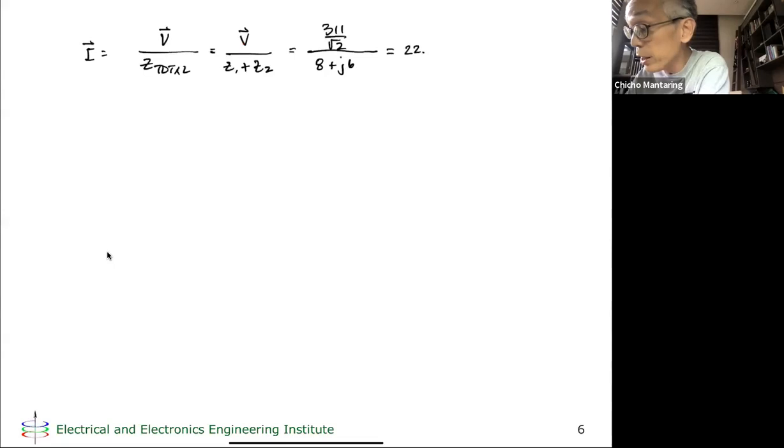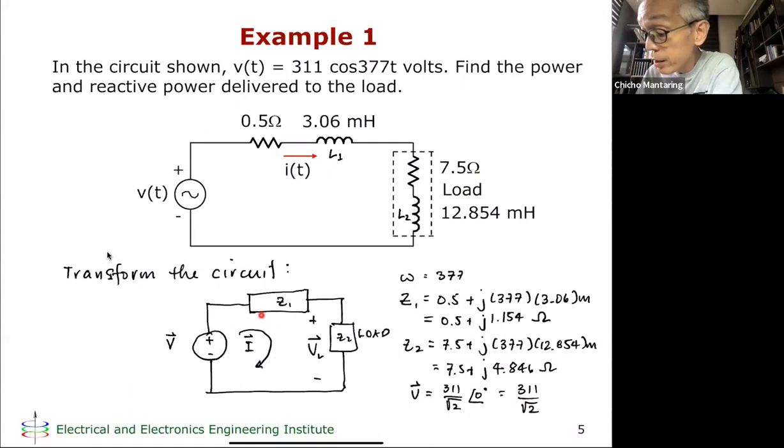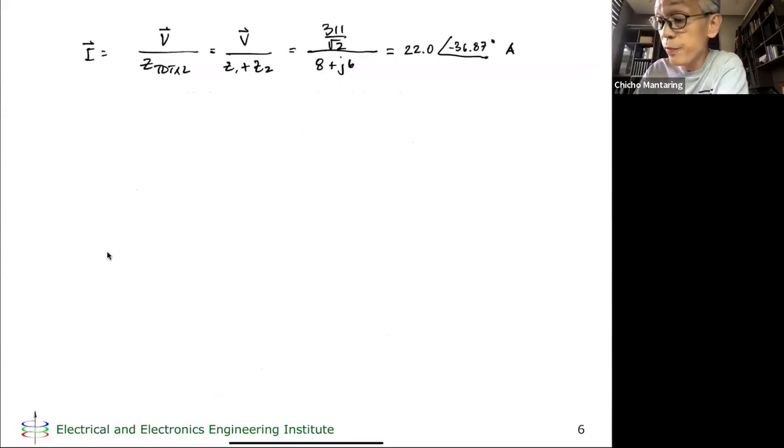which will give me, okay, so I computed this already. This is 22.0 at an angle minus 36.87 degrees. This is in amperes. Don't forget your units, amperes. So that's equal to I. If I know the value of I, I can determine the value of Vs of L. Vs of L is just equal to I multiplied by Z2.